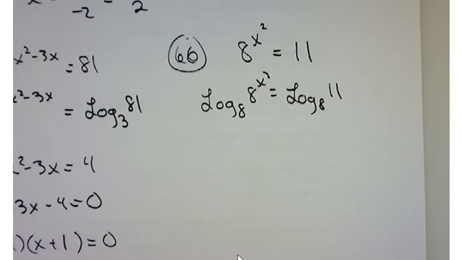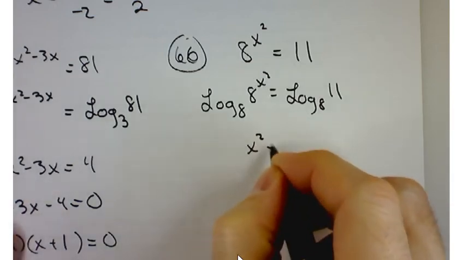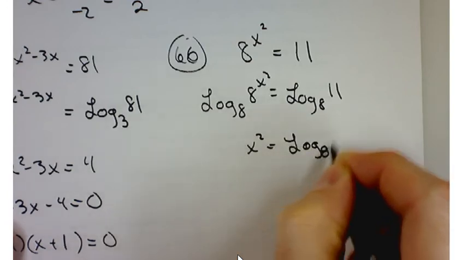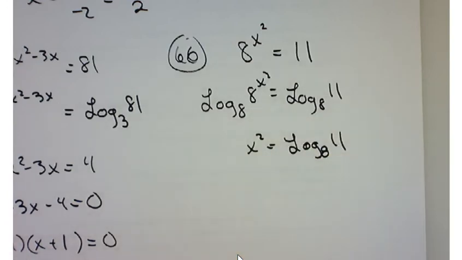Because 8 gives us some simplification here, right? Sam, what's going to happen when we take log base 8 on both sides here? Can you simplify that for me? Good. X squared equals, let's just leave it as log base 8 of 11.